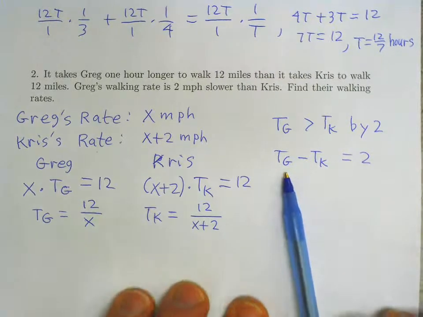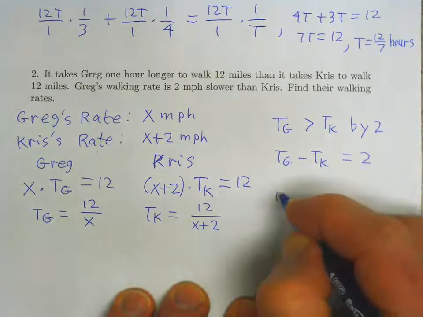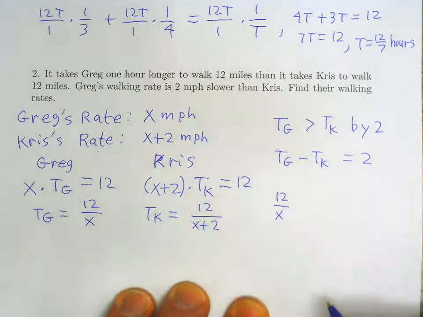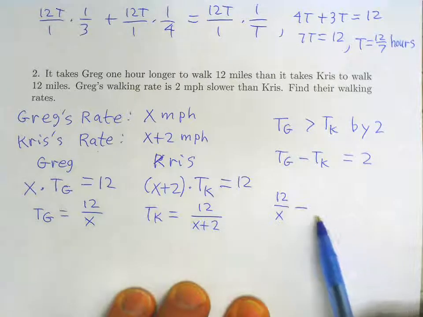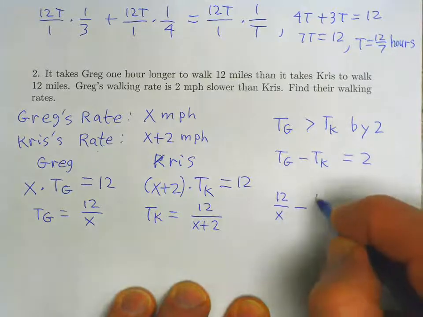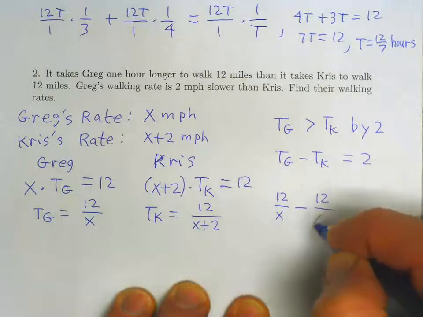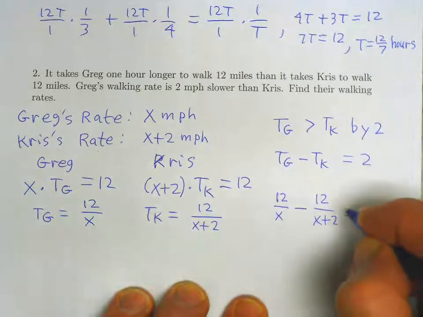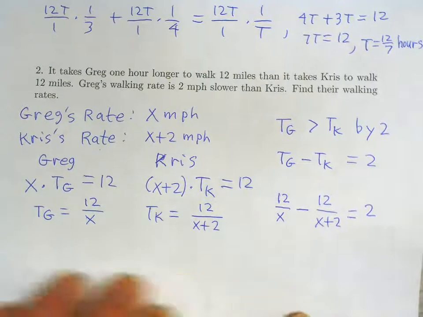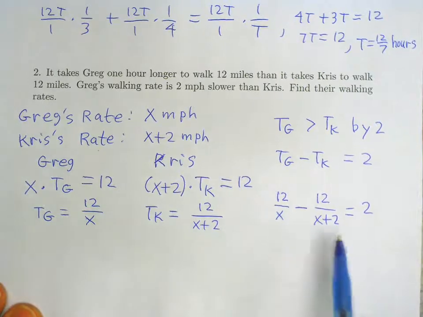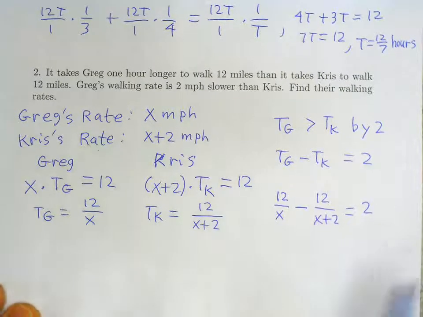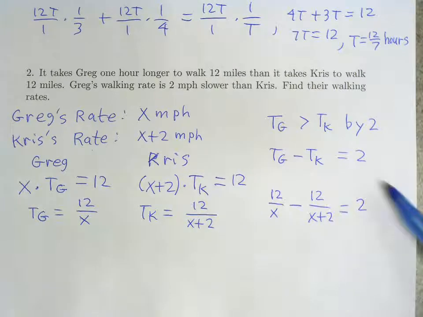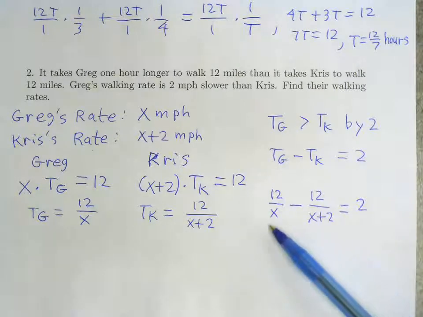So Greg's time is his distance divided by his rate, 12 over x. And we subtract Chris's time, which is his distance divided by his rate, x plus 2. And the difference is 2 hours. Greg's time minus Chris's time is 2 hours. Okay, so finally we have an equation whose only variable is x.